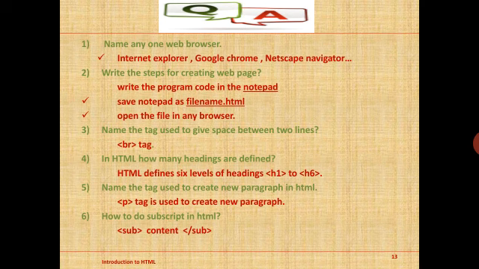Write the steps for creating a web page. Answer is, to create any web page, the following 3 steps are used. Step number 1. Write the program in the notepad.